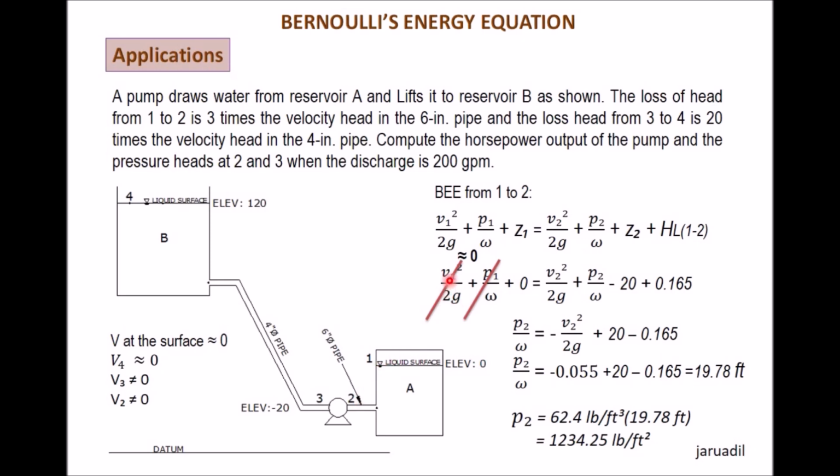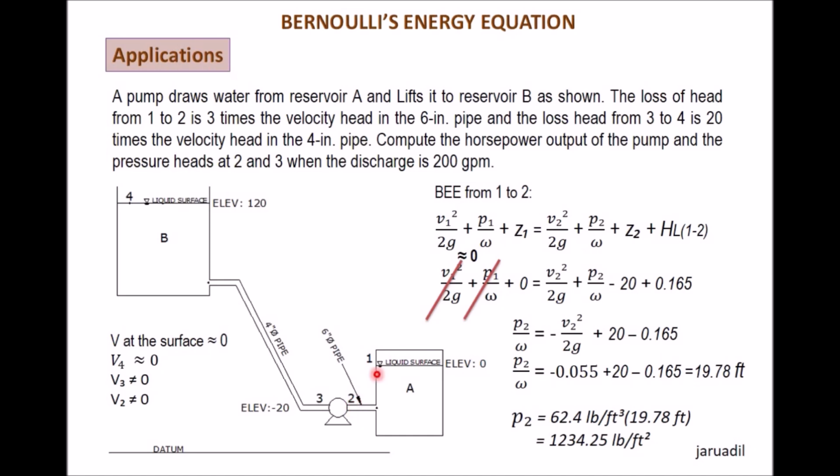Now again, V1 is approximately equal to 0. The pressure at 1 is also 0, and the elevation from the given value is equal to 0. V2 squared over 2g is not equal to 0 because there is a velocity in here. Of course, P2 over omega is not equal to 0.